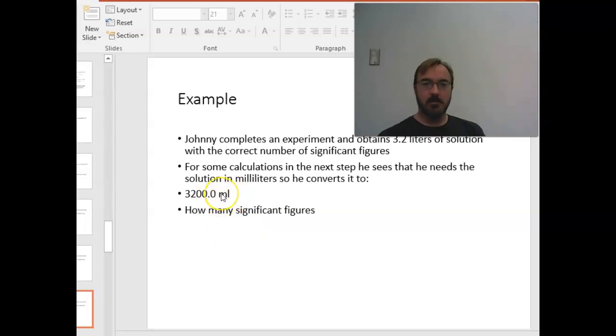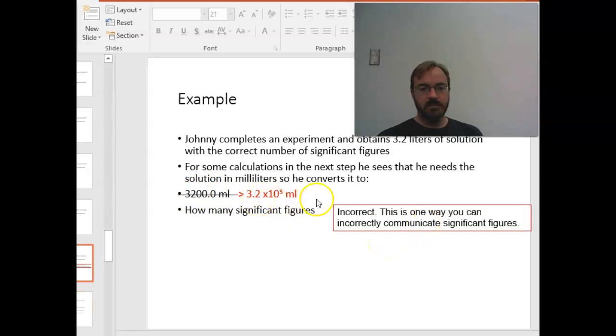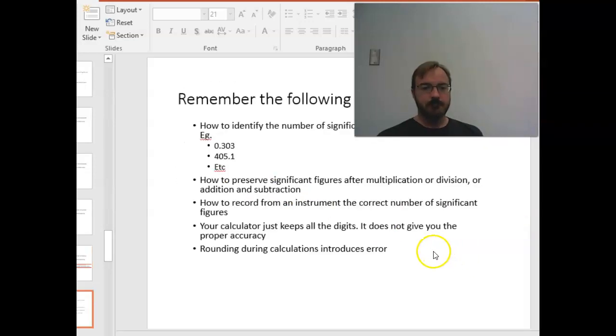Unless you just get used to thinking in terms of sig figs and converting it into scientific notation if needed. I still should only have 2 sig figs, but the way he's written it here is he has, right, all of these become significant zeros because he has trailing zeros with a decimal. So it looks like 5, but it should be just 2. Okay. The correct way to write that would be like this.